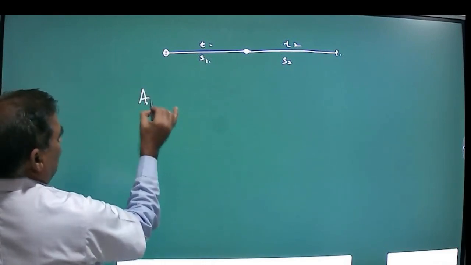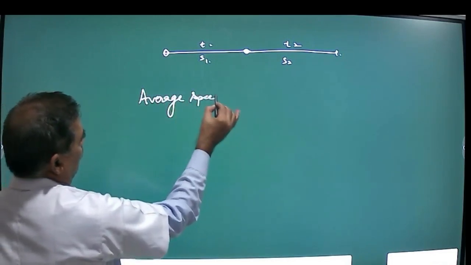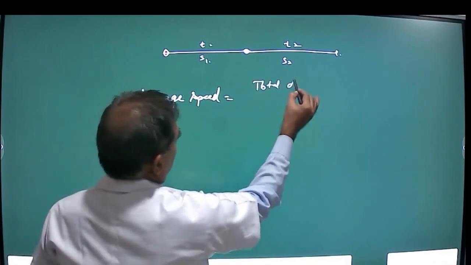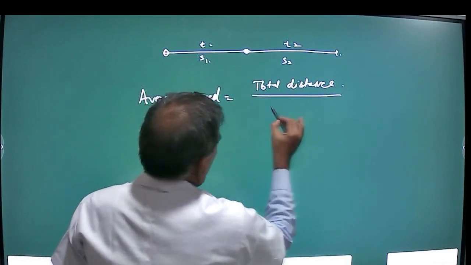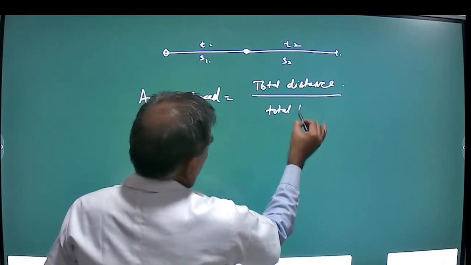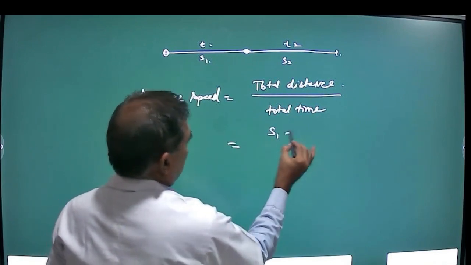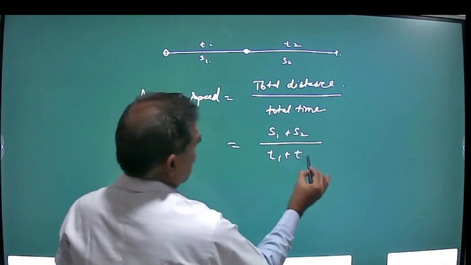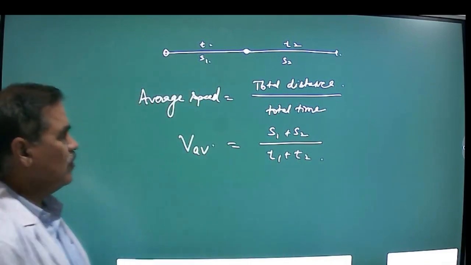Average speed will be equal to total distance divided by total time. So total distance here is S1 plus S2, total time is T1 plus T2. This will define the average speed.